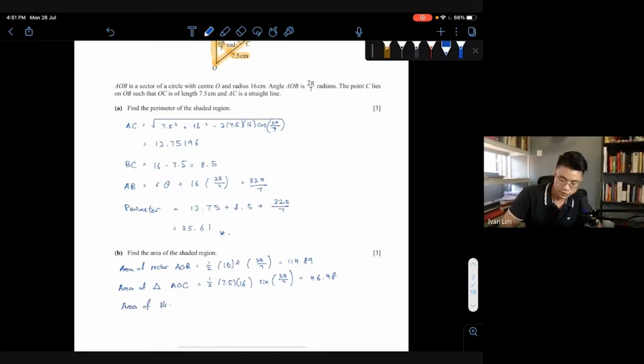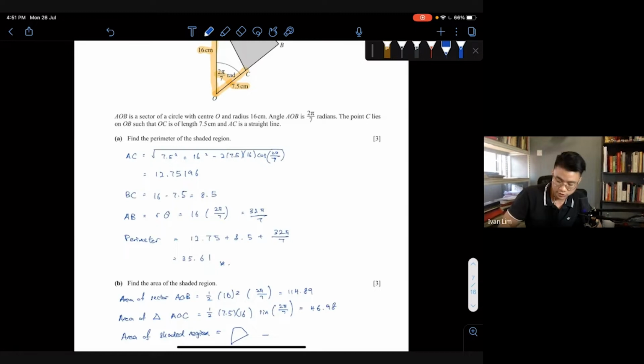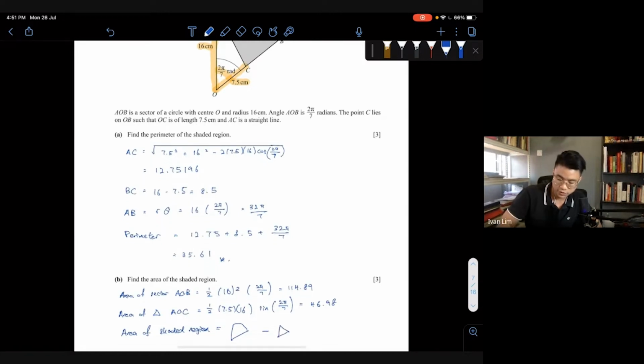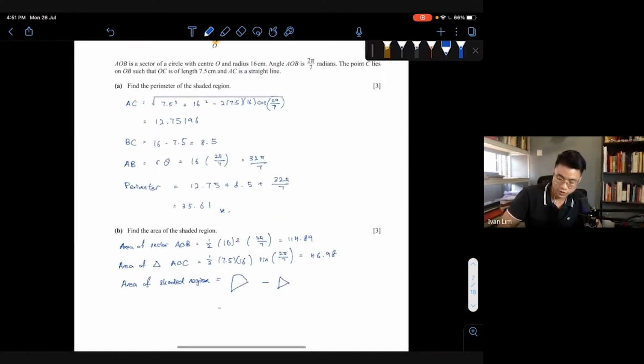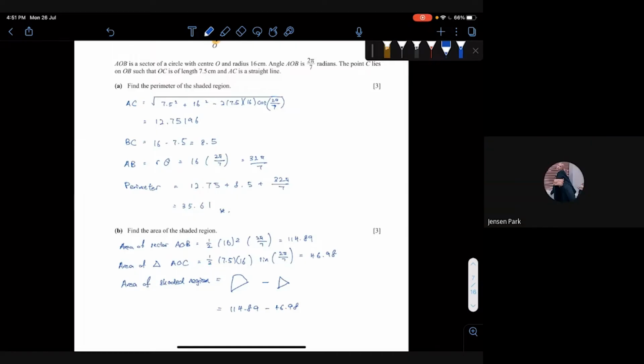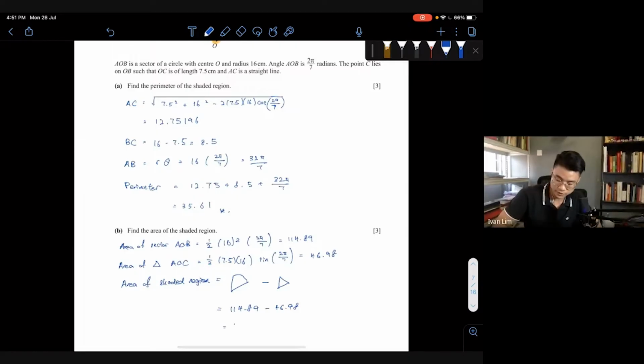So area of the shaded region, you're actually taking the sector minus the triangle. So you'll get 114.89 minus 46.98. What do you get here? 67.98.